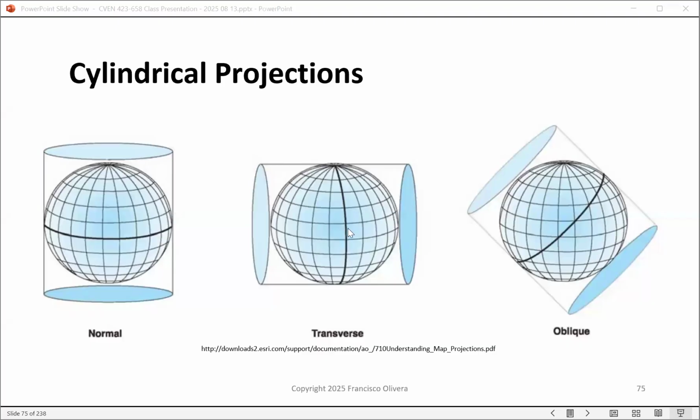But as you depart, there's going to be more and more distortion. So Mercator said, we are going to tolerate distortion up to 3 degrees on one side and 3 degrees on the other. Now you know what 3 degrees are. 3 degrees is more or less 333 kilometers at the equator. So this is going to cover at the equator a distance of more or less 660 kilometers.